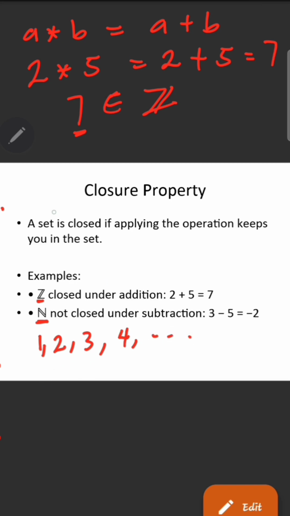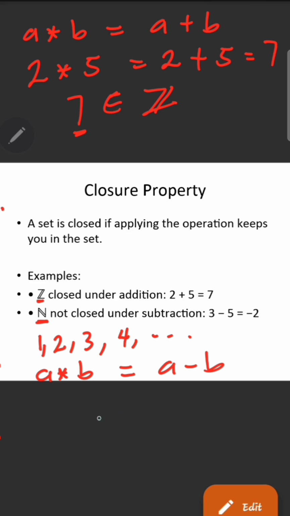Now, if you are using the formal operation that we have, that A operation B is equal to A minus B, that's the operation.